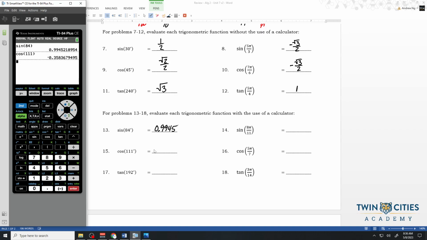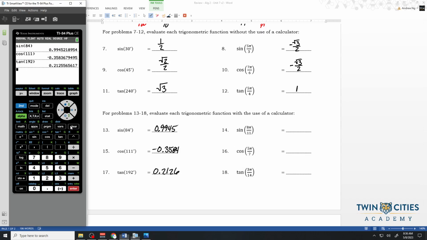This is negative 0.3584. Tangent of 192 degrees is 0.2126. And now we're ready for radians.